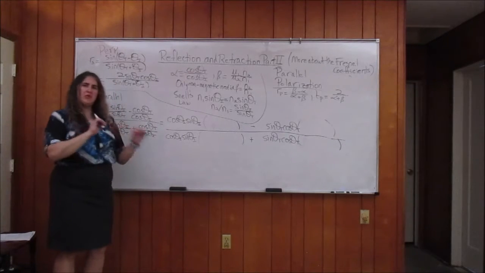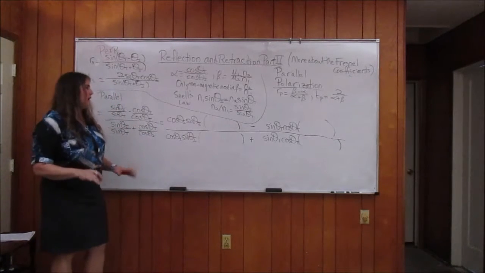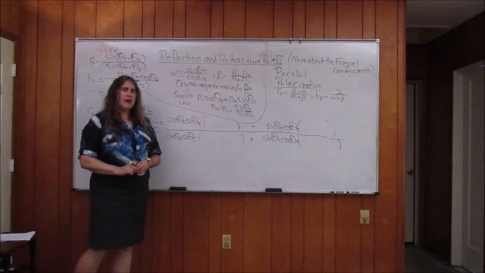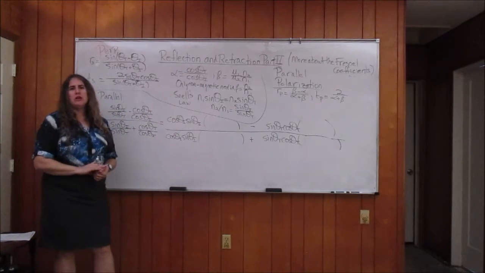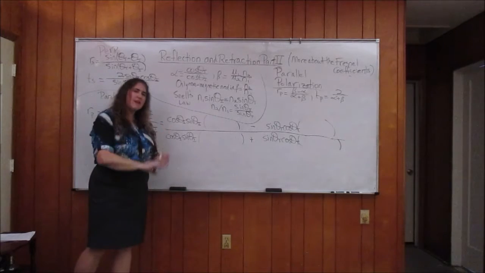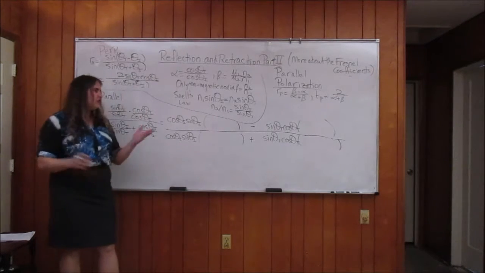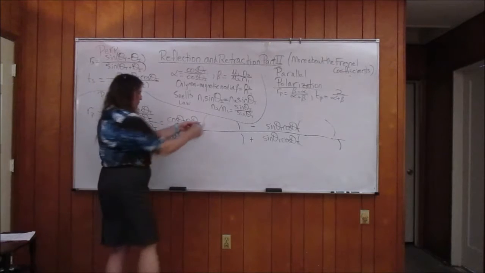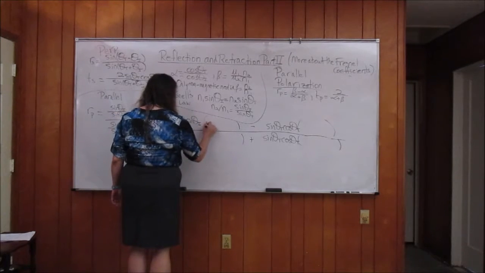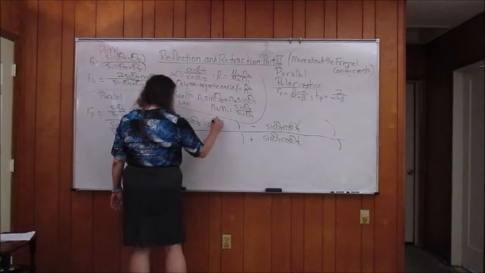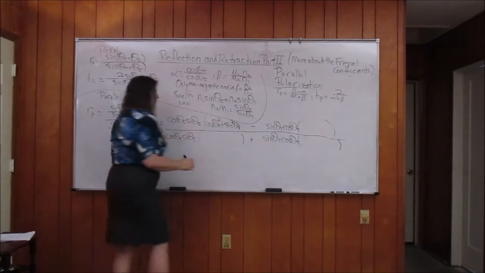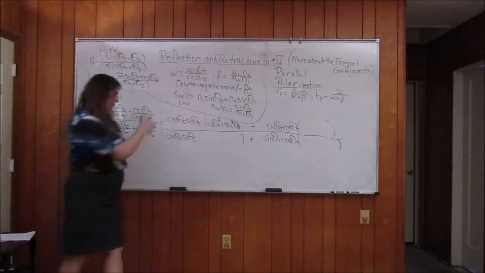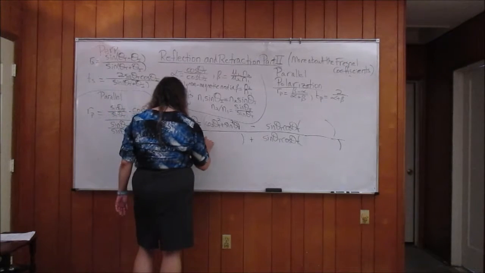In order to convert this over to a more useful expression, I'm going to make use of the trigonometric relation that if you take the cosine squared of an angle and add to it the sine squared of the same angle, that's just equal to 1. So I'm going to multiply this first term through by cosine theta t squared plus sine theta t squared. I'm just multiplying by 1, okay? Do the same thing down here.